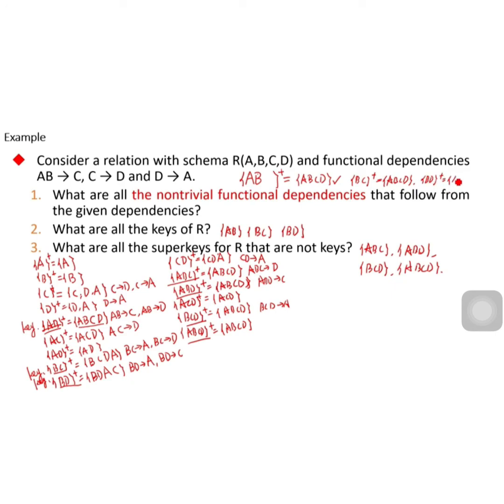So in this example, if we want to find all the keys, we just need to compute the combinations of sets including B. Okay, this is an easier way to find the keys.